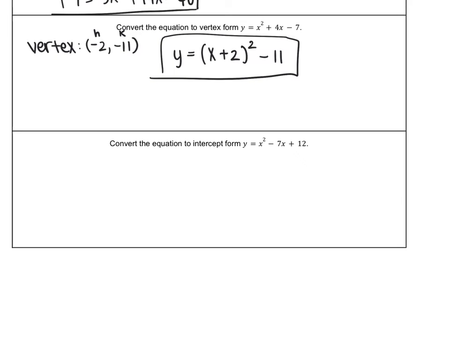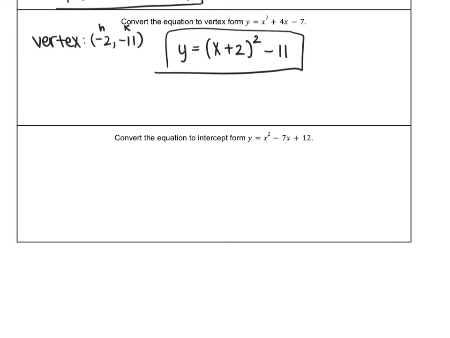Lastly, we're going from standard form to intercept form. So y equals x squared minus 7x plus 12. So we have two options here. You can graph it in Desmos and find the x-intercepts, or we can factor. We're looking for the numbers that multiply to 12, but add to -7.